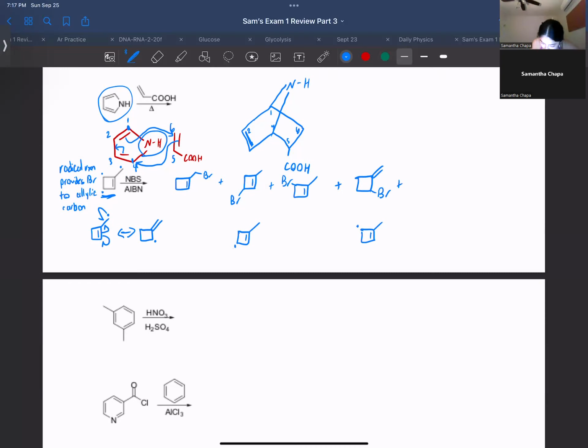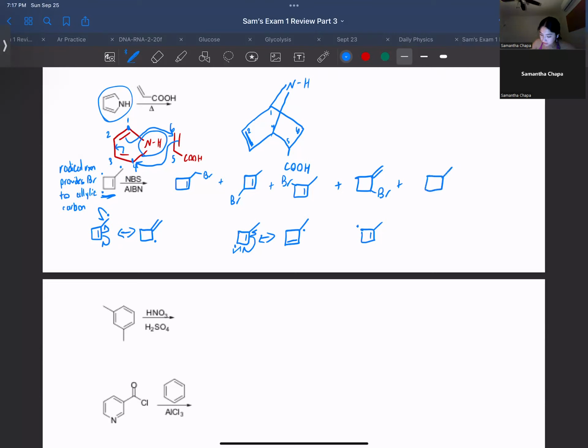Again, looking at this radical that we drew, I'm going to break the double bond, place the electron somewhere else, put the radical on the same place, and draw my resonance structure. And I'm going to put the bromine there as well.